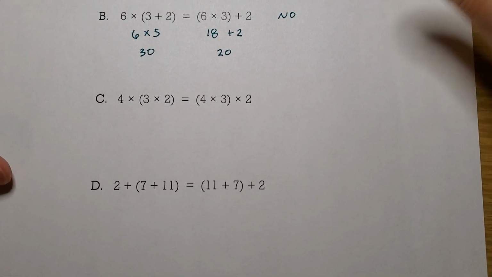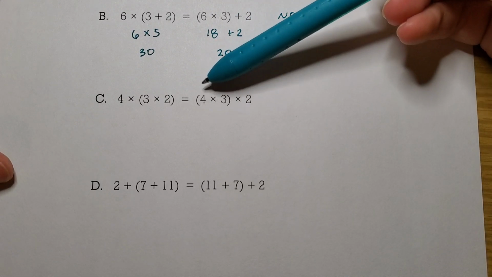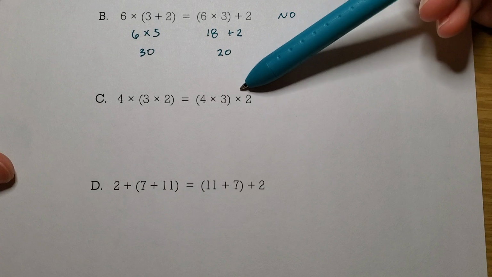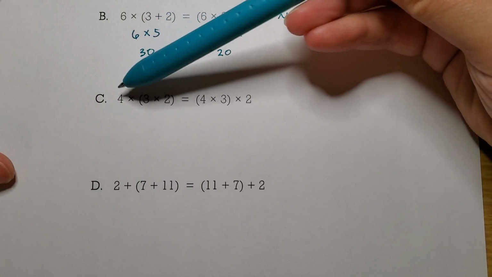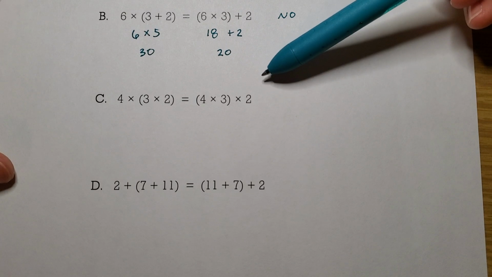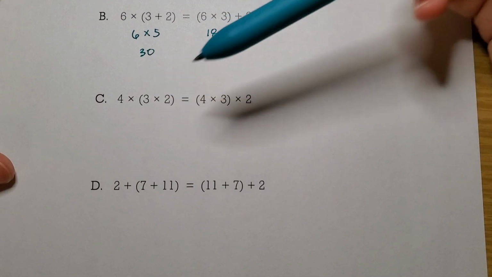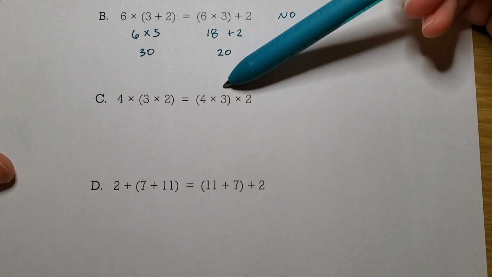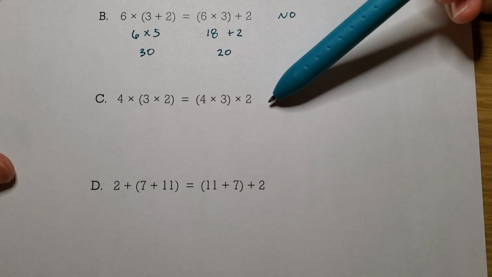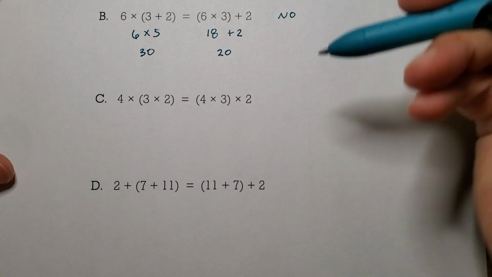Now, part C is looking much more like what we had on the previous page. We've got all multiplication, all the same numbers, 4, 3, 2, 4, 3, 2, and the grouping has changed. We've got 3 times 2 on the left and 4 times 3 on the right. So my guess is that this one is going to show the associative property.